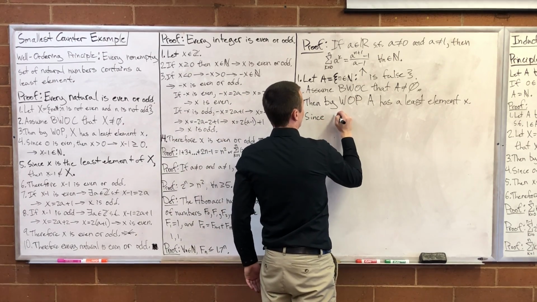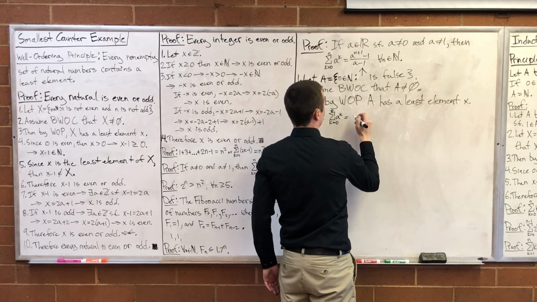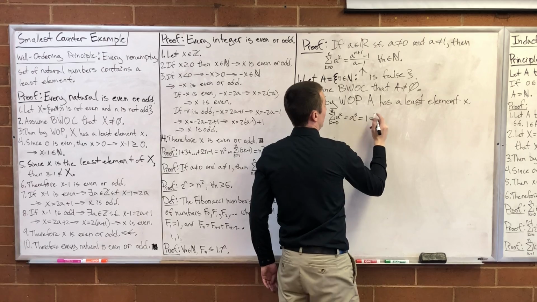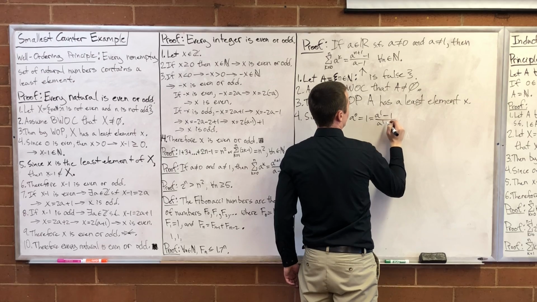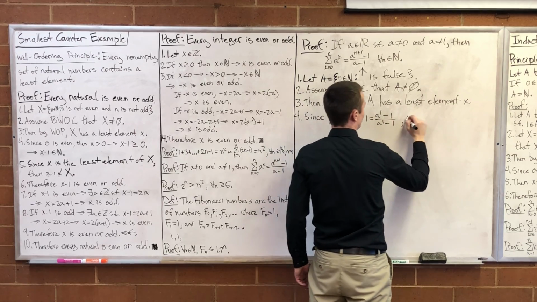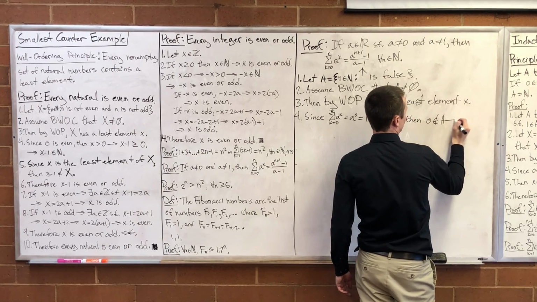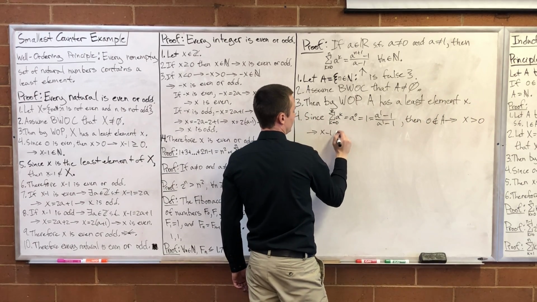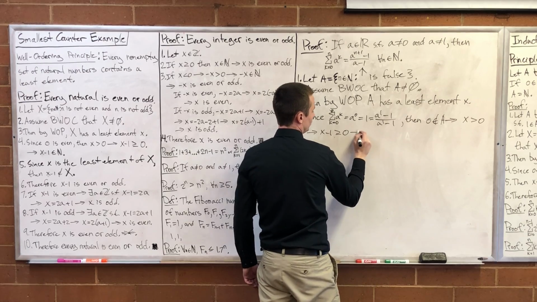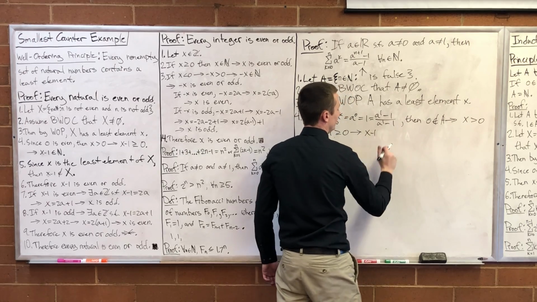Since the sum from k equals 0 to 0 of a to the k is equal to a to the 0, which is equal to 1, which is equal to a to the 1 minus 1 over a minus 1, then 0 is not in A, which gives us that x is greater than 0, which gives us that x minus 1 is greater than or equal to 0, so x minus 1 makes the statement true.